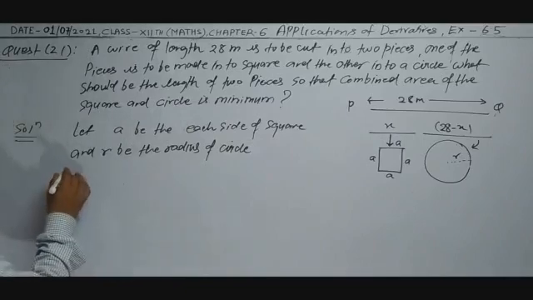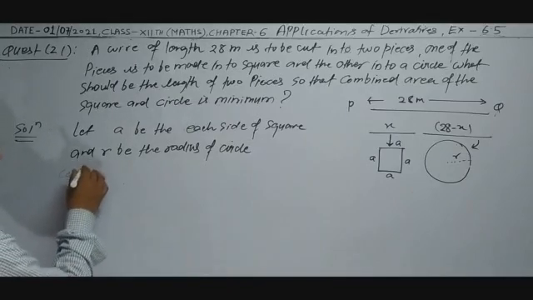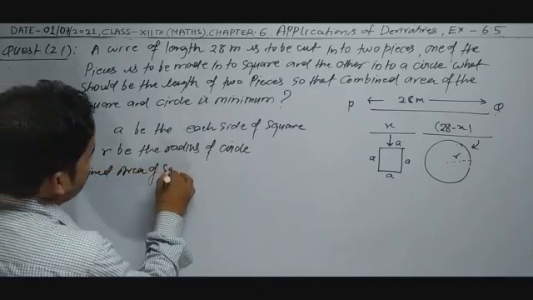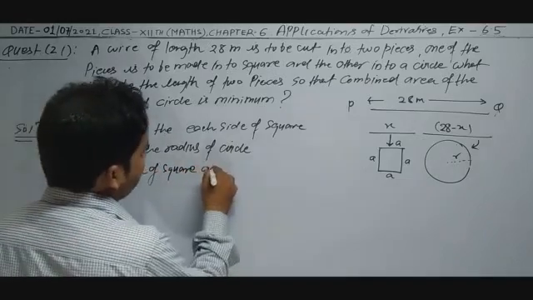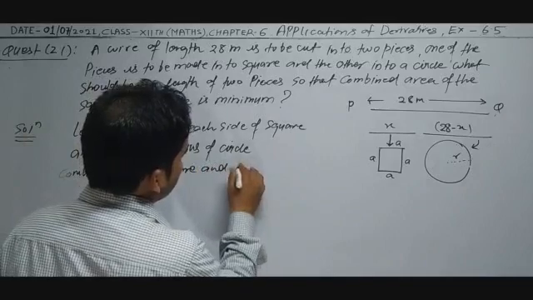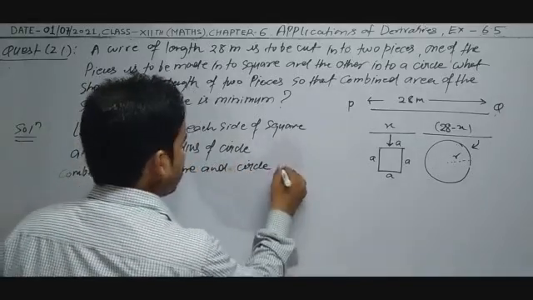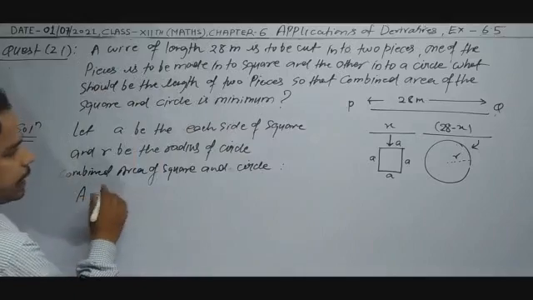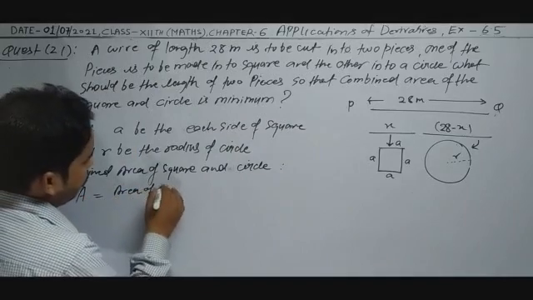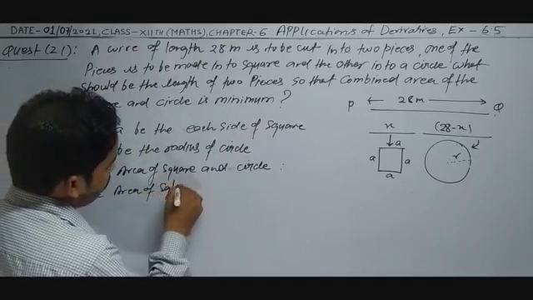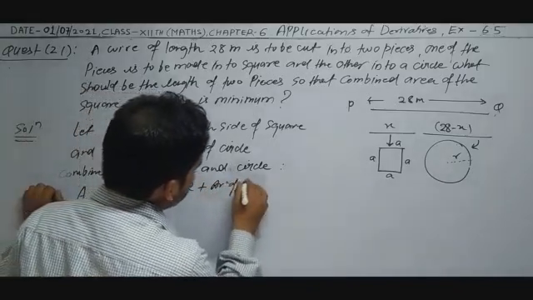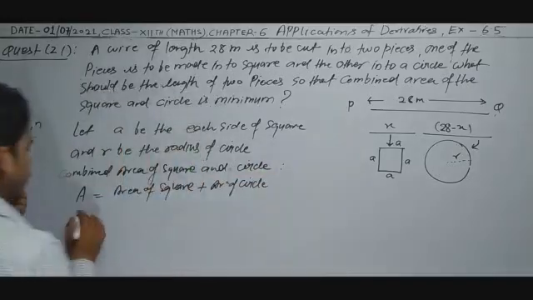Now see, the combined area of square and circle, that is capital A, is equal to area of square plus area of circle.